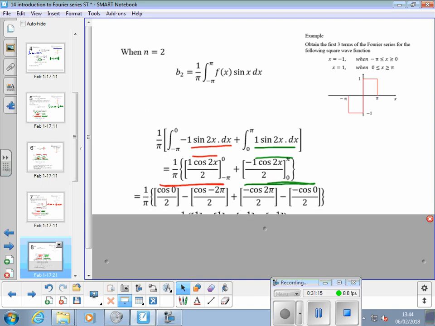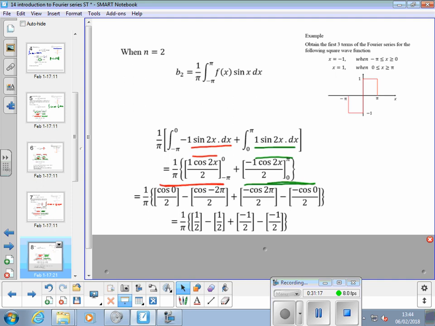And then evaluating each of those terms in the calculator. Cosine of 0 is 1, so that's 1 over 2. Cosine of minus 2 pi is 1. That's 1 over 2. Minus the cosine of 2 pi is minus 1. Minus the cosine of 0 is minus 1.